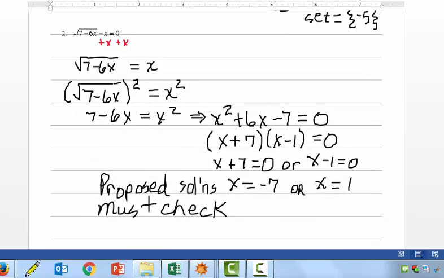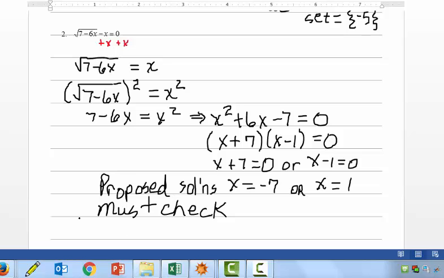So my original equation is 7 minus the square root of 7 minus 6x equals 0. So let's check negative 7. Does the square root of 7 minus 6 times negative 7, minus negative 7, equal 0?